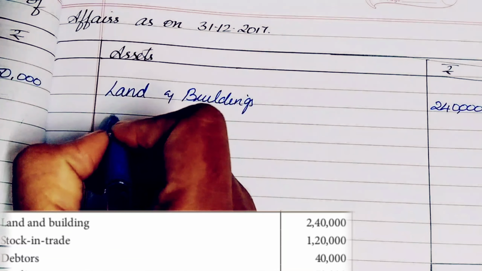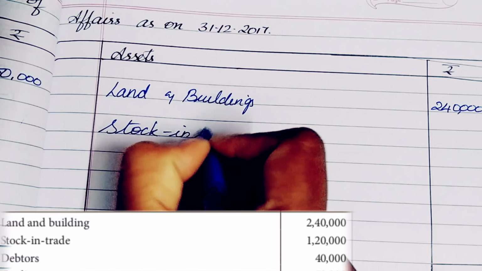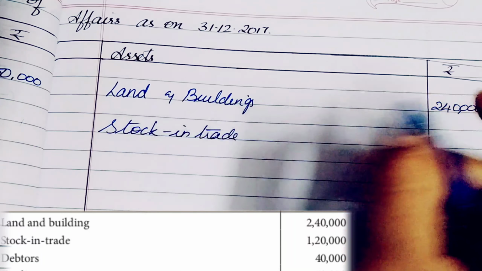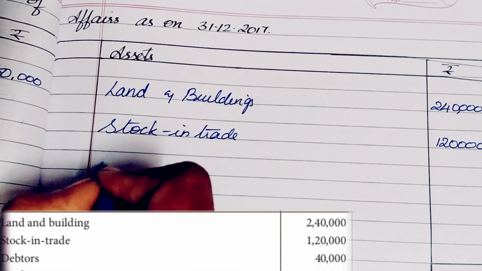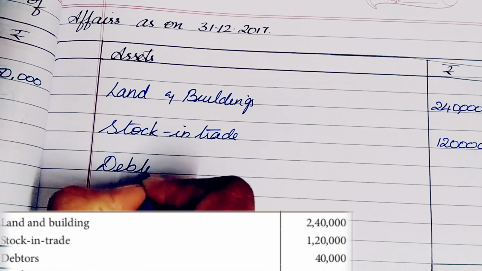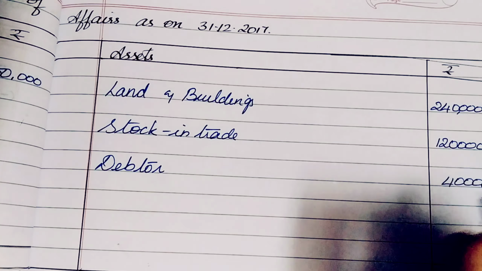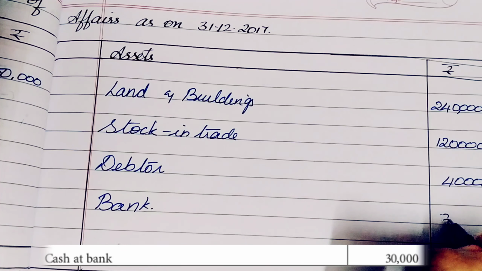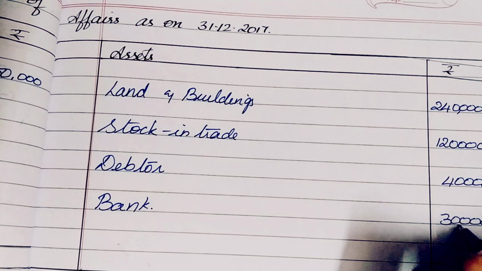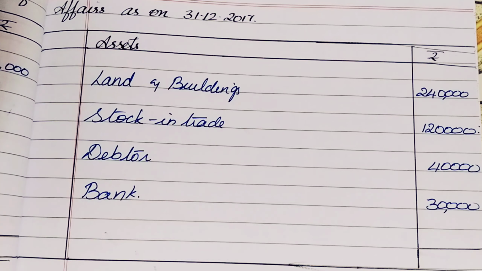Next item is stock in trade, that is 1,20,000. Next is the debtors, which is 40,000. Cash at bank, which is 30,000. So now, like a normal account, we are going to balance it and find out the values, and then we are going to tally it up with the liability side.